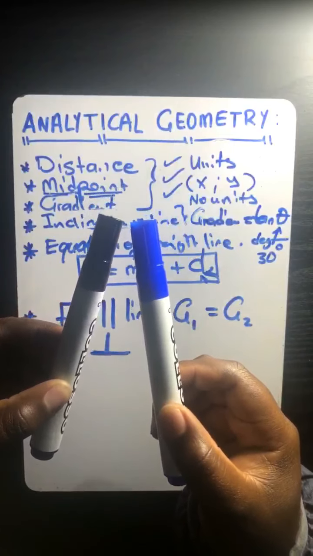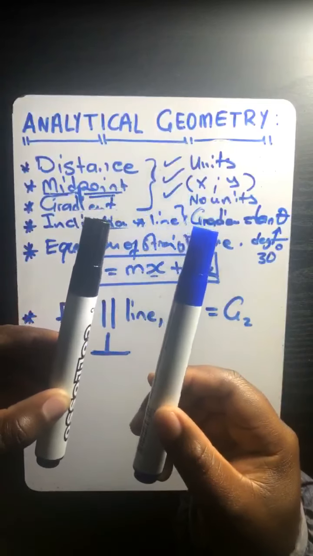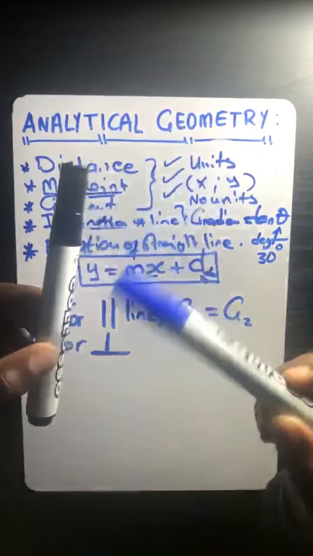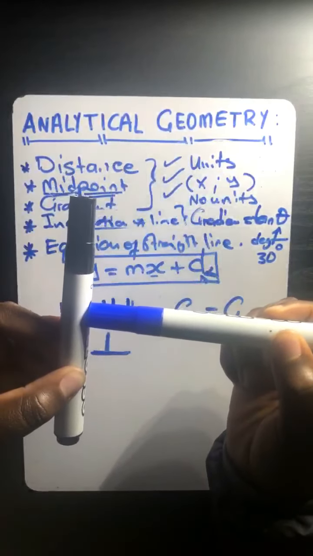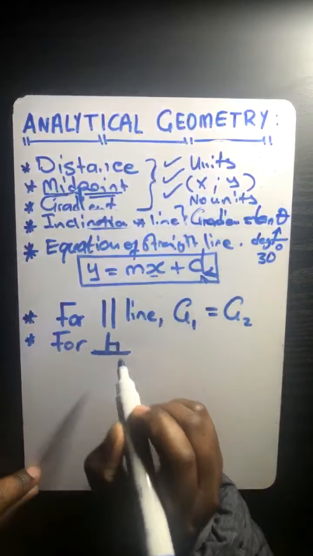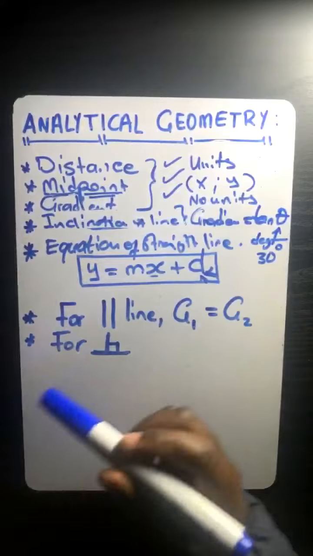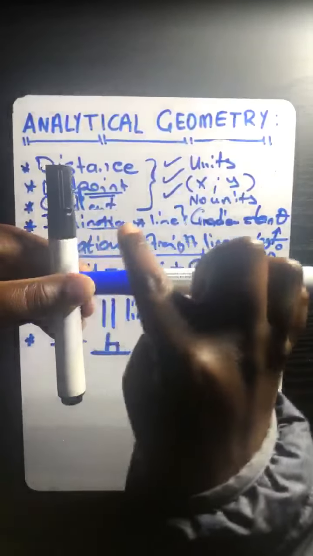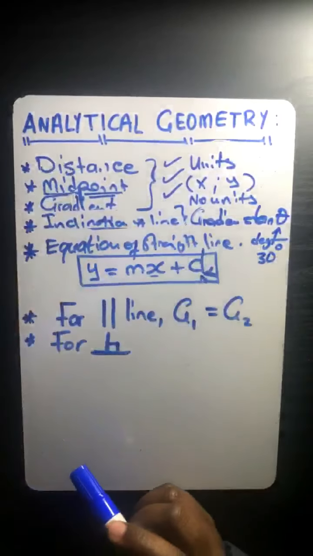So in this case, we're talking about lines which are either parallel to each other or otherwise perpendicular to each other. Perpendicular lines form an angle of 90 degrees. Can you see, when you have lines which are perpendicular to each other, this is the 90-degree angle that is being formed over there.